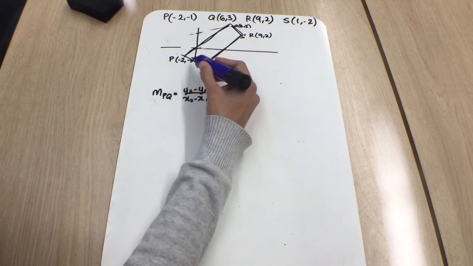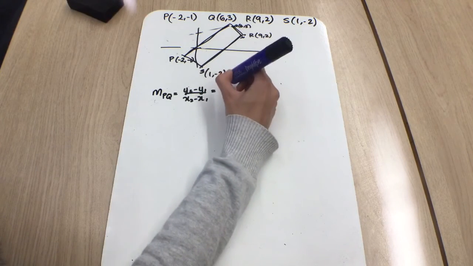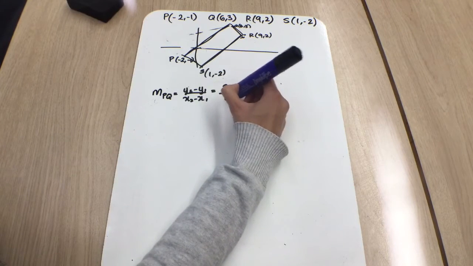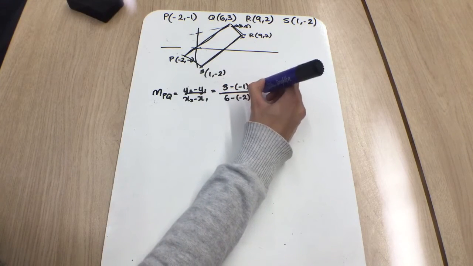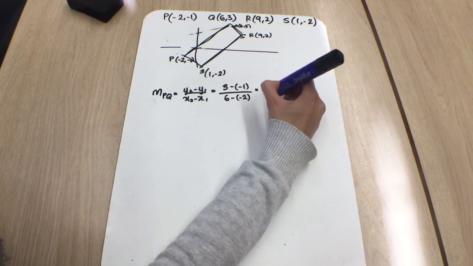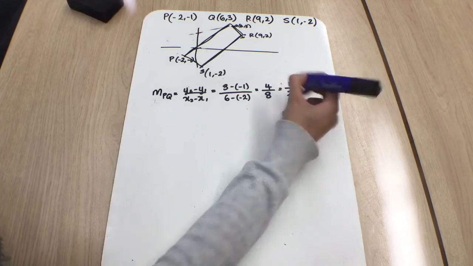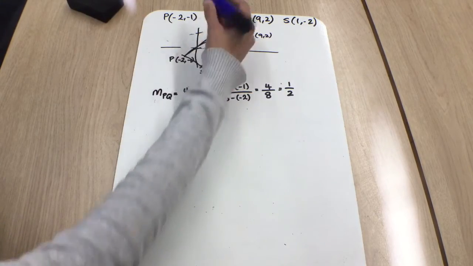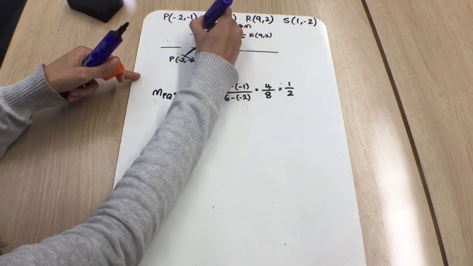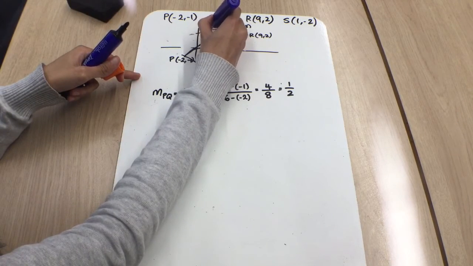So that's 3 minus 1 over 6 minus 2. So that would be 4 over 8, which is a half. Okay, so this gradient is a half. So if you want, you could just label it on your diagram. So this is m is equal to a half.